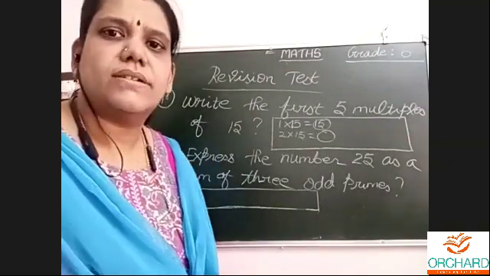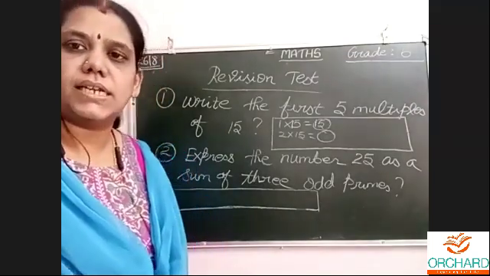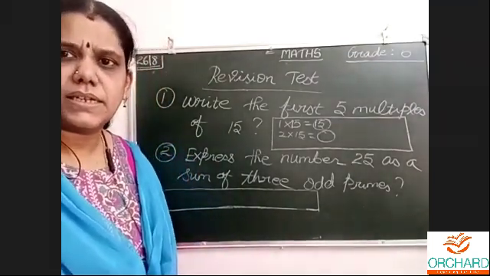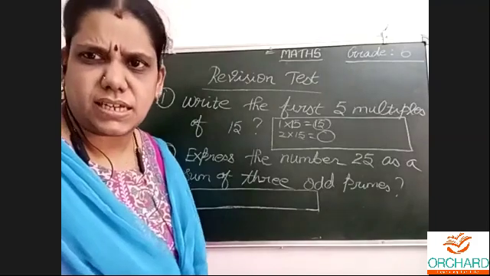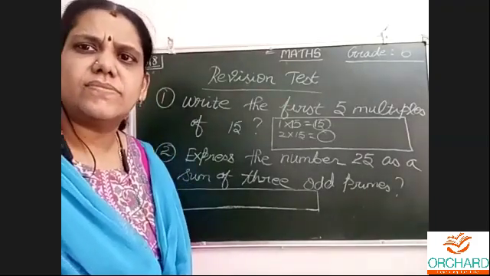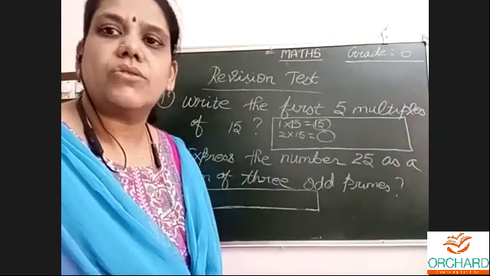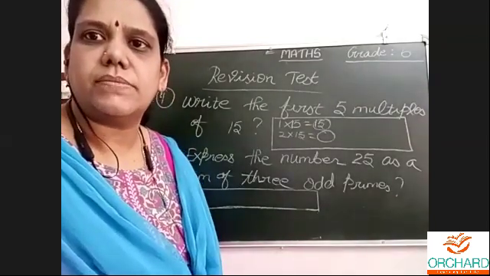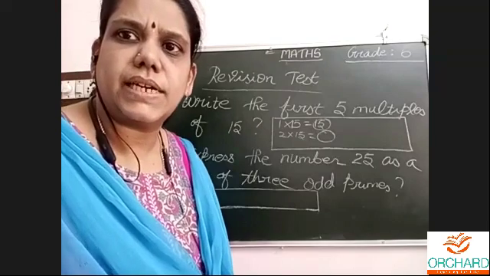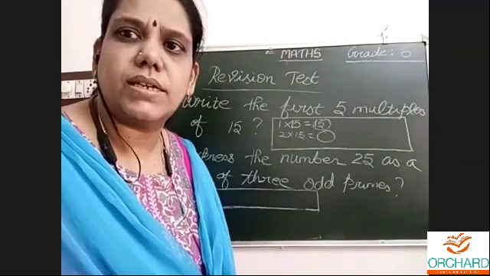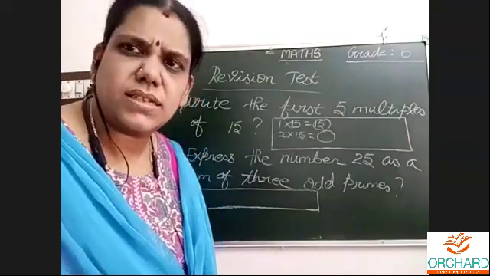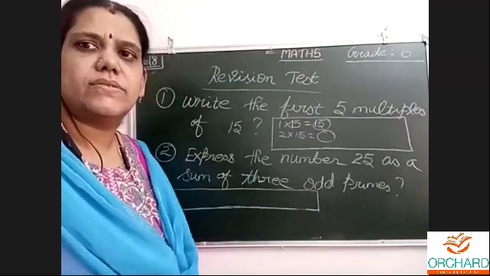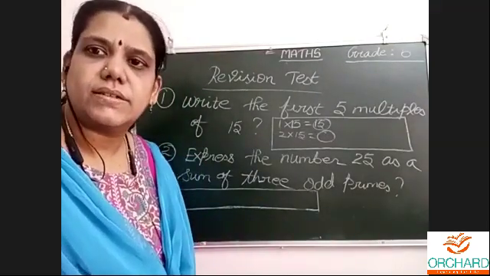Jivisha, I couldn't see the second sum. Srinidhi, second sum. 7, 5, then what? 13. Super. Correct.